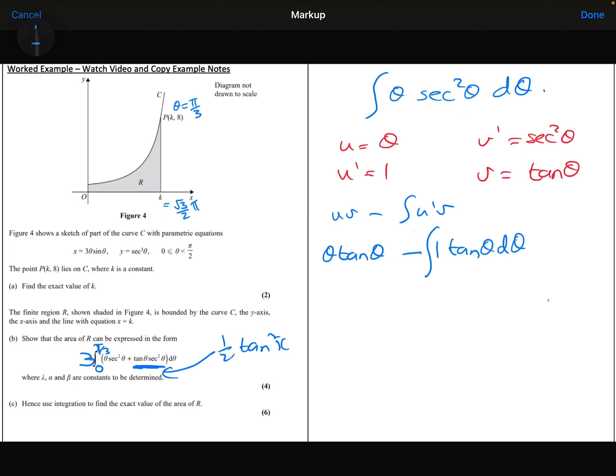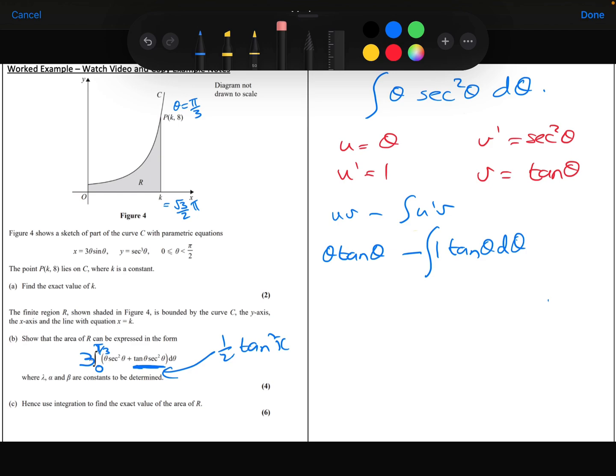Let me just do the 1 times tan theta is obviously just tan theta. Right. So we've got theta tan theta minus the integral of tan theta. Now the integral of tan theta, you have this on your formula booklet. It is ln sec. You do get given that on your formula book.